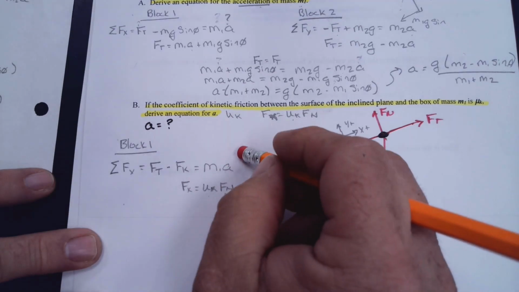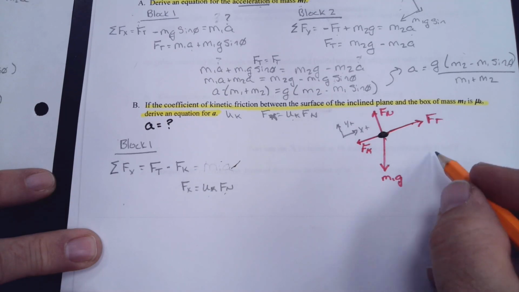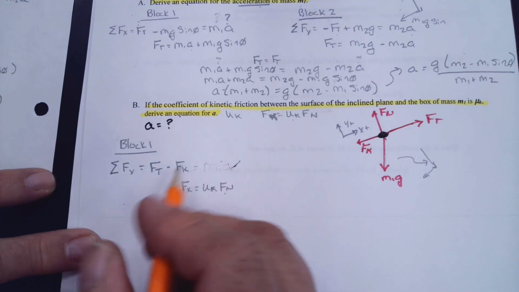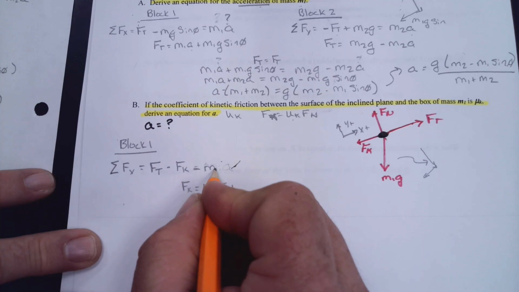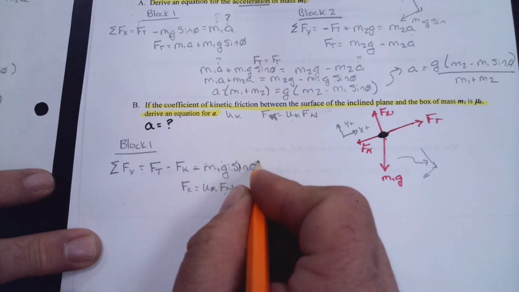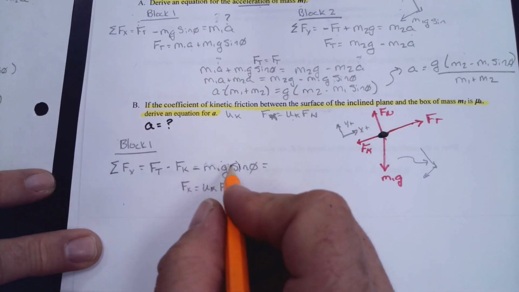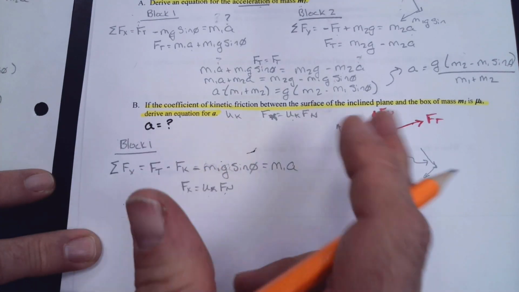Oh, I forgot a force. Remember, I still had to break down this to there, so I forgot mass times gravity, the sine of that, and it's negative because it's going against my acceleration.